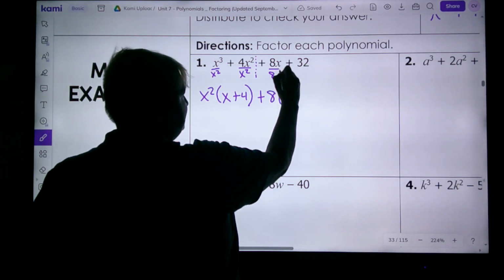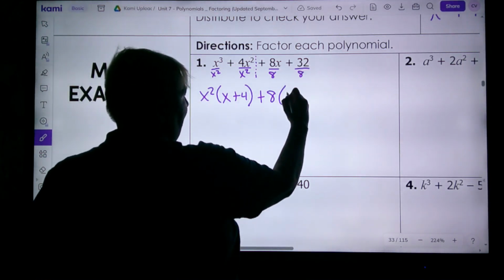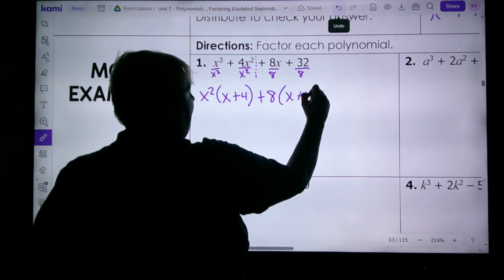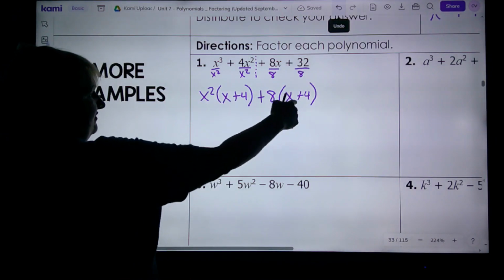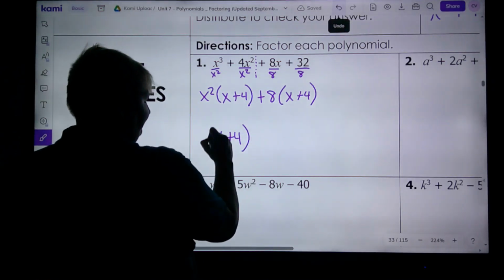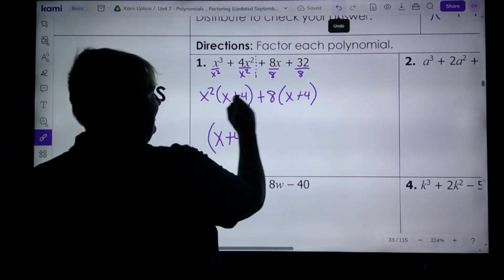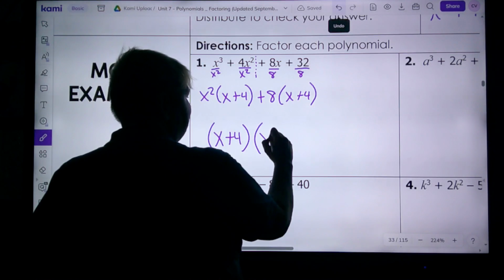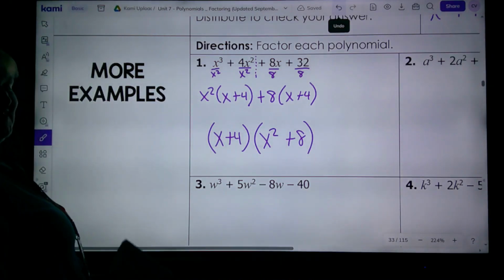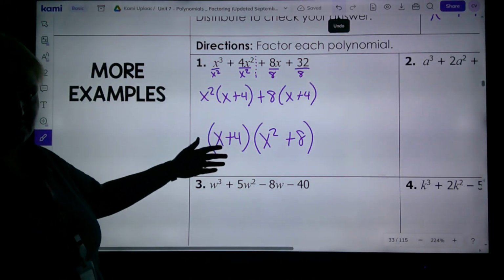And if I divide both sides by 8, I'm left with x plus 4. So the common factor is x plus 4. And what's left is x squared plus 8. And that is how you factor with 4 terms.